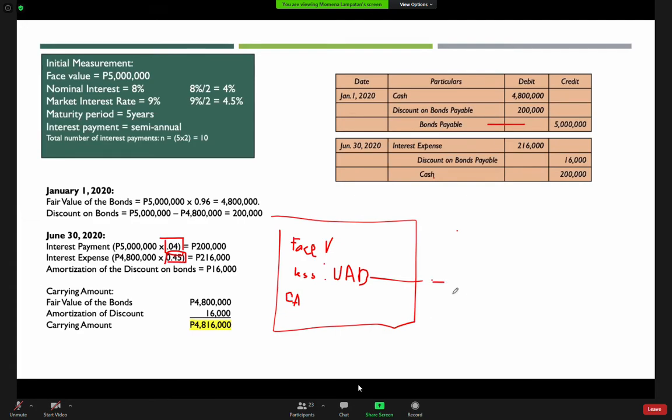Tapos saka mo ima-minus dun sa face value to get the carrying amount. So that is the long way of computing the carrying value. But you can do it by just adding the amortized discount to the previous carrying amount of the bond. So mas simple, kumbaga mas shorter yung ganitong computation. Okay?